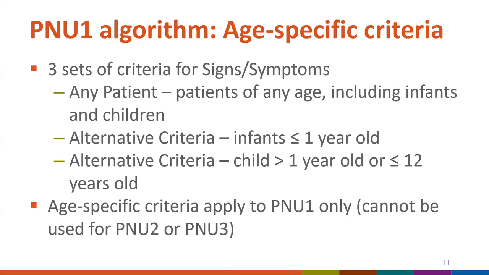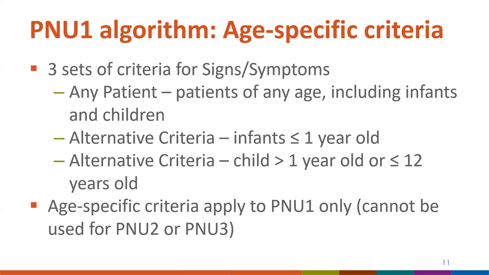First is any patient, which can be applied to patients of any age, including infants and children. There is an alternative criteria that can be applied only to infants less than or equal to 1 year old, and also an alternative criteria that can be applied only to children greater than 1 year or less than or equal to 12 years old.